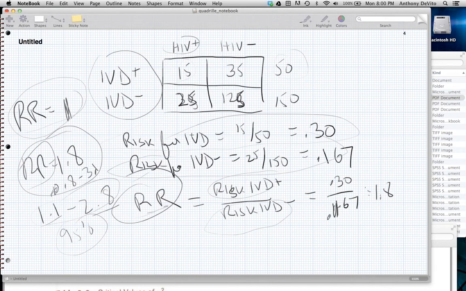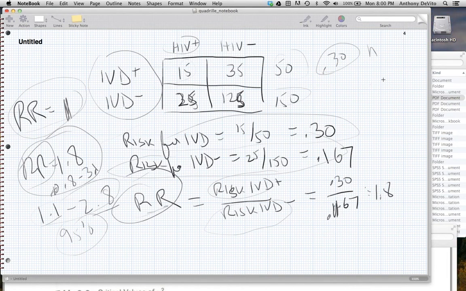Okay, anybody got any ideas how you might calculate a confidence interval for a relative risk here? We're not going to do it because I don't want to scare you. These are all proportions, right? This 0.30 is a proportion. You have a proportion and a sample size.